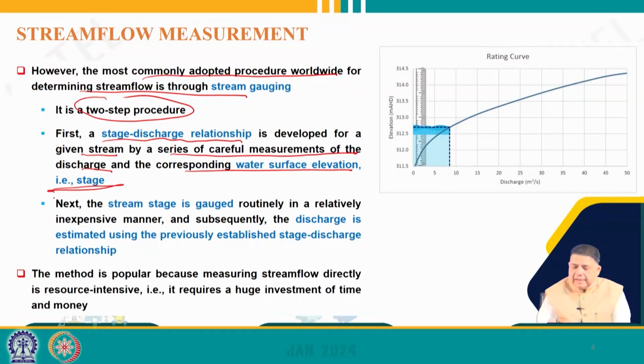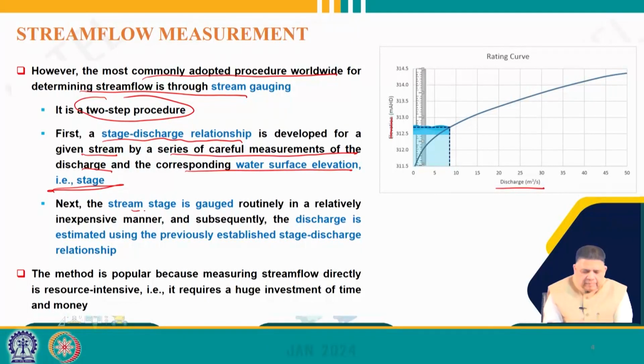So elevation versus discharge, we develop a relationship, and that is the stage discharge relationship. Such data can come only from measurements of streamflow at various elevations with respect to a datum, and then you have the relationship.